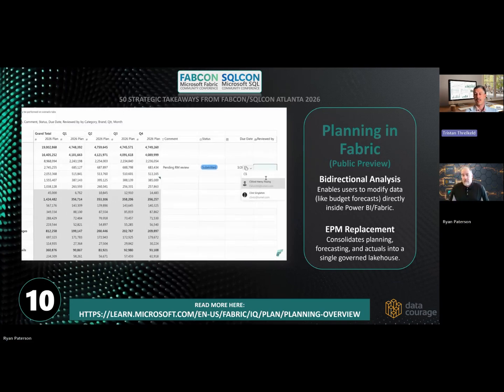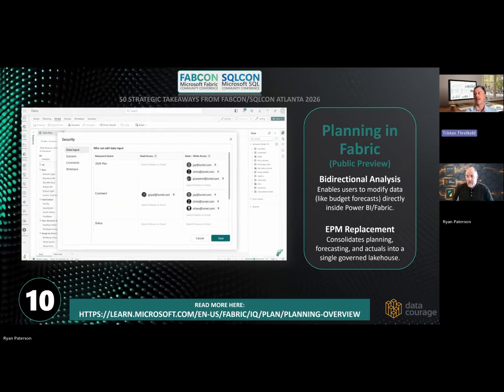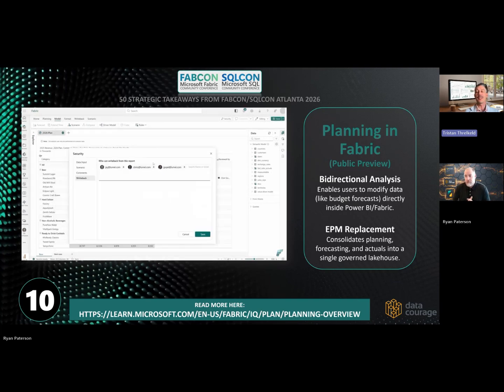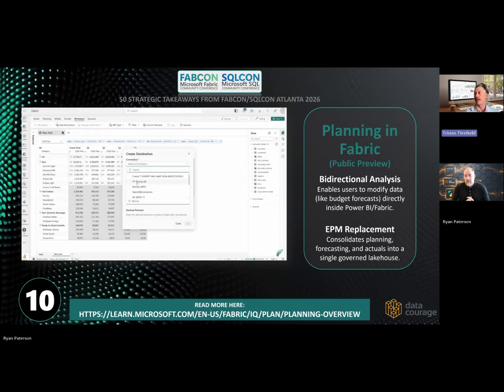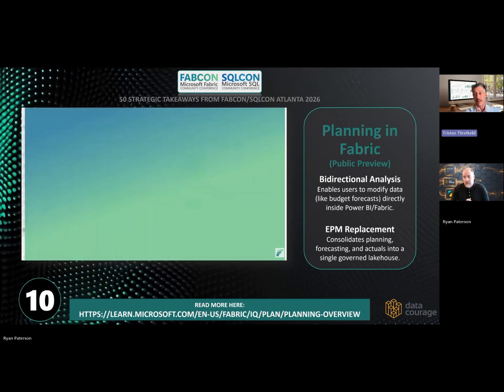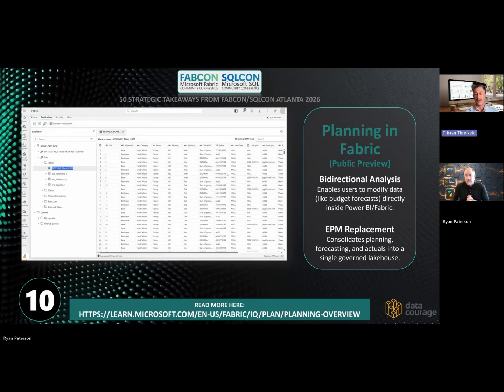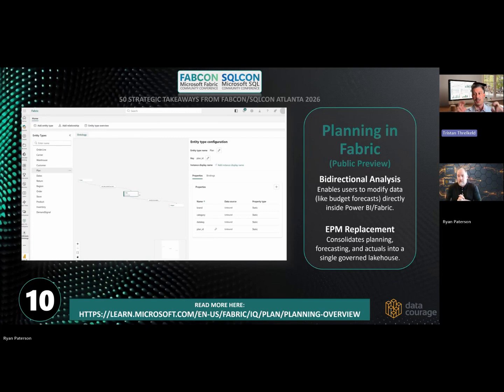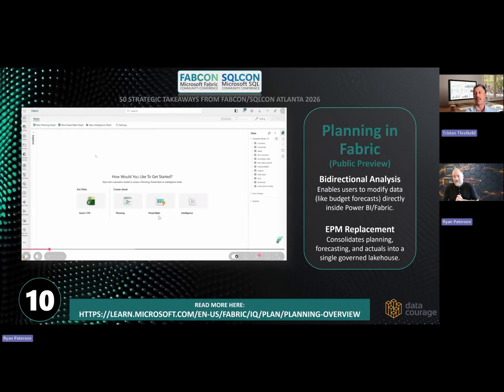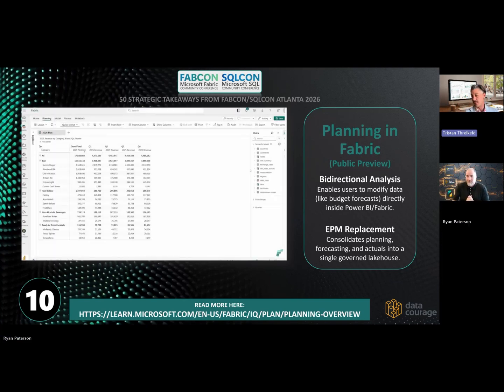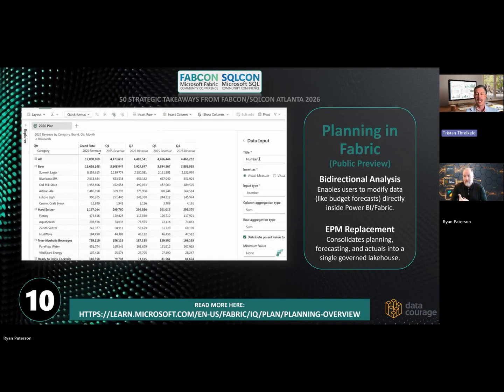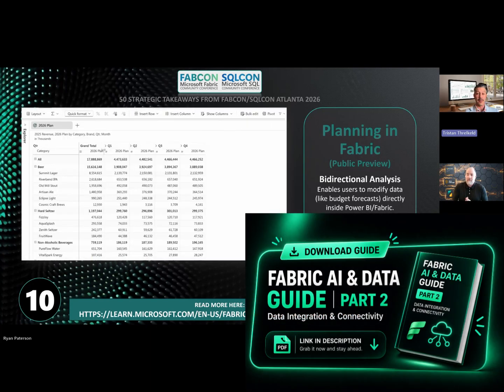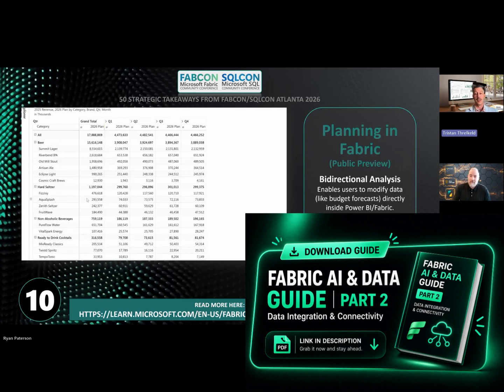It helps eliminate the need for those disconnected planning tools, in reference to what you mentioned previously, spreadsheet hell. That usually comes from the budgeting cycles, because there are so many of them, coming from a lot of different directions.